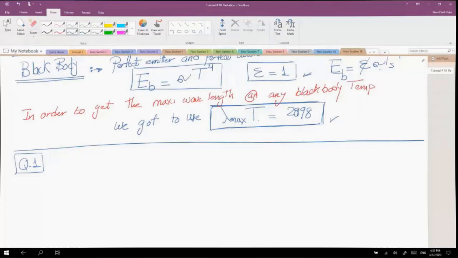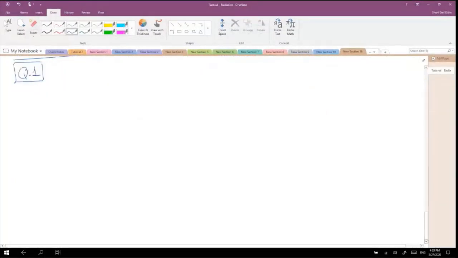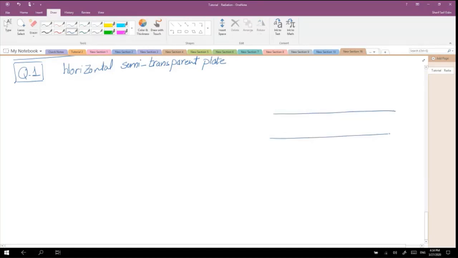Question number one is basically a horizontal semi-transparent plate. This semi-transparent plate we consider as a general case of any plate.